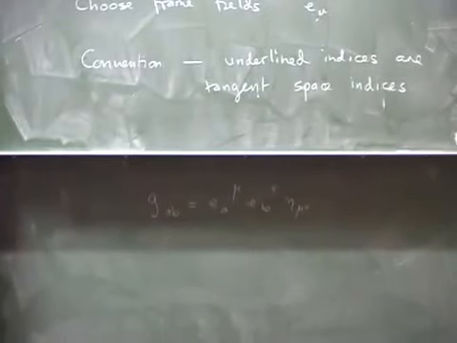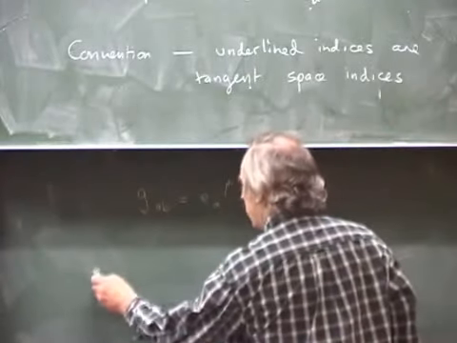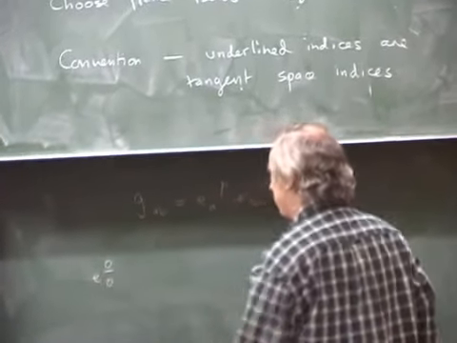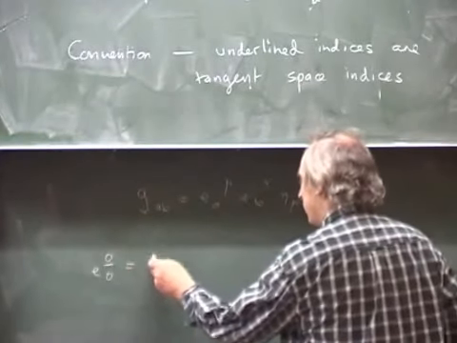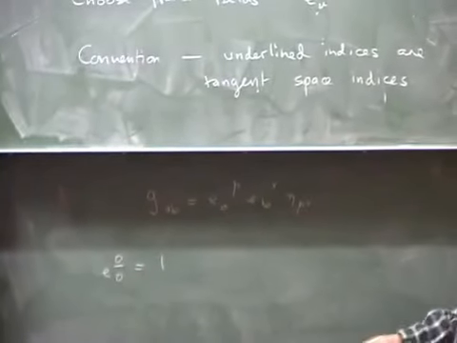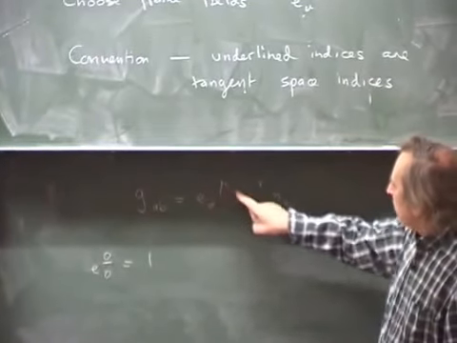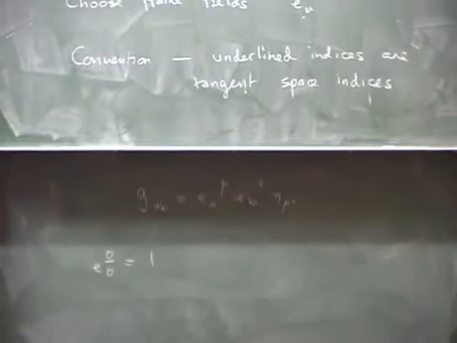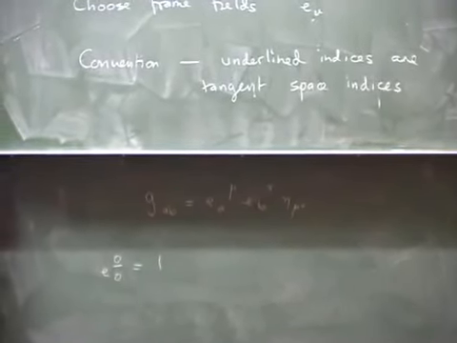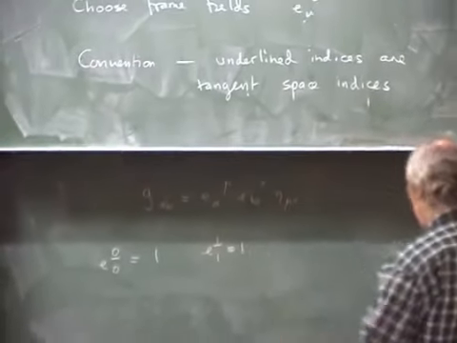So if we want to describe this metric up here, the simplest thing to do is to take E^0_0, underlined because that's a tangent space index, to be equal to 1. Then you can see that I get g_00 equals minus 1. Here you'd have E^0_0 E^0_0 eta_00, which is minus 1, so you end up with minus 1. Similarly, I can choose E^1_1 to be equal to 1.